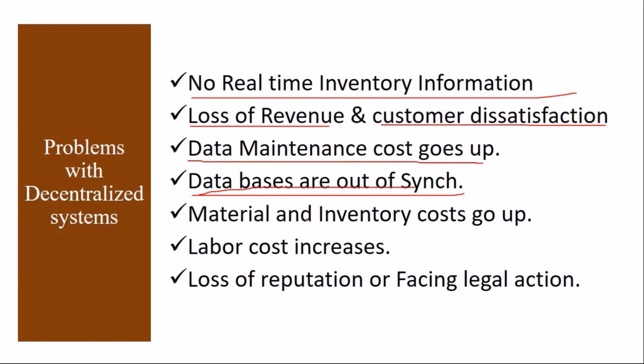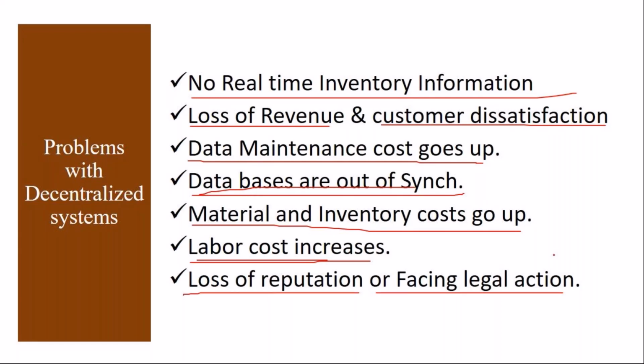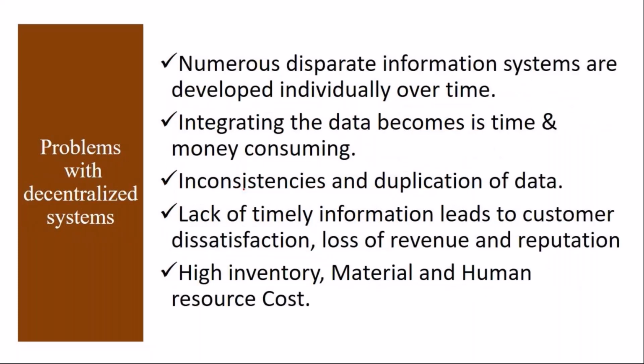The material and inventory cost goes up, as we just discussed, and labor cost also increases if you are trying to hire labor at the last minute. And there is loss of reputation and facing legal action. So these are the problems you are going to face if you have a decentralized system. To avoid all these things, you should have a real-time, centralized system.